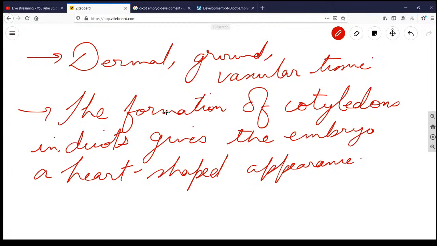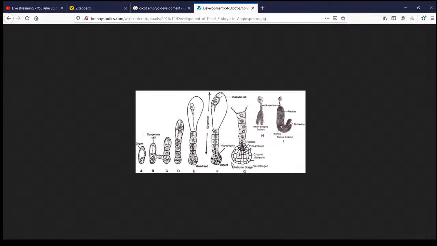Now the distal cell of the suspensor is much larger than the other cells, and it acts as the haustorium. It is the largest cell, and acts as the haustorium. The suspensor pushes the embryo cells down into the endosperm.